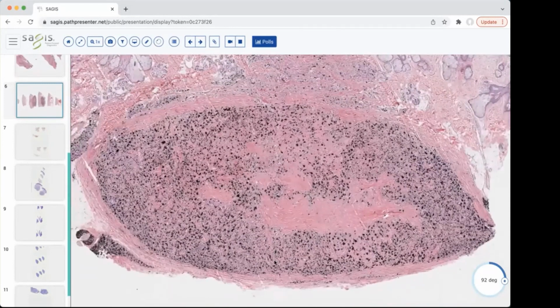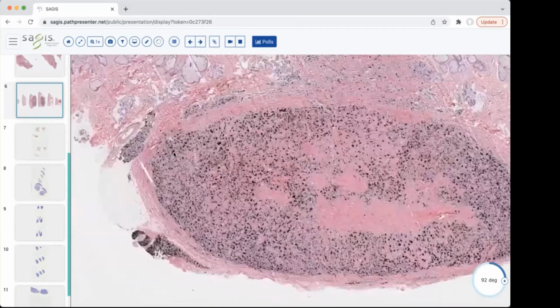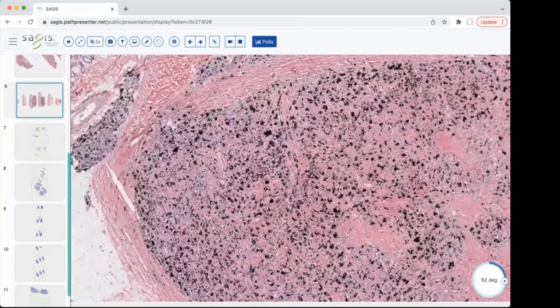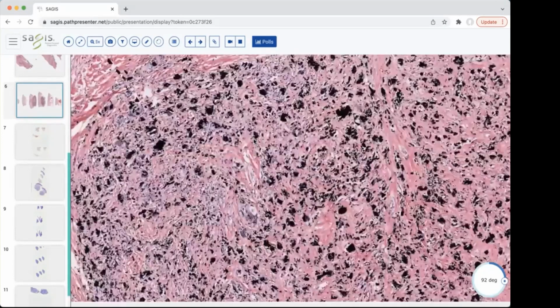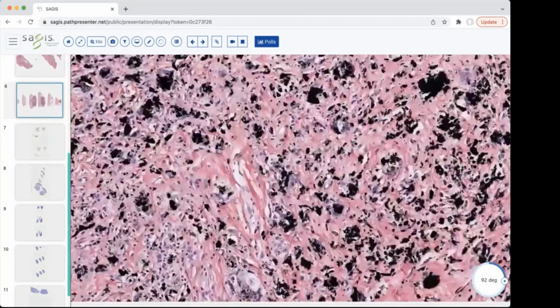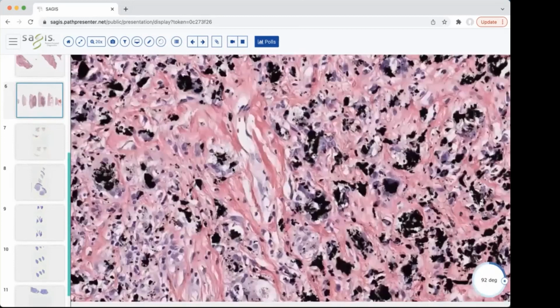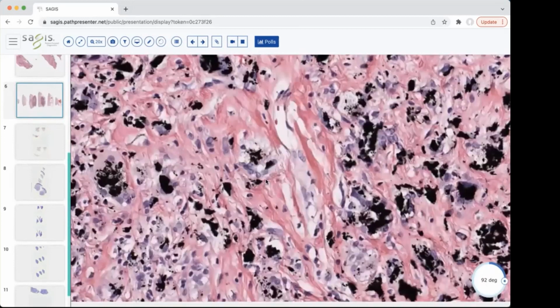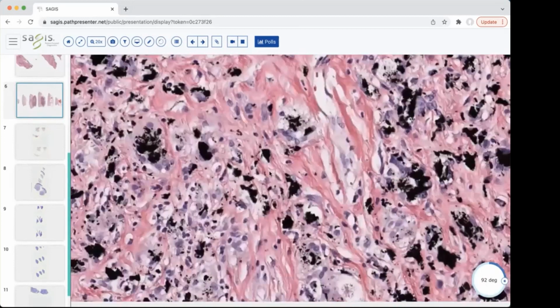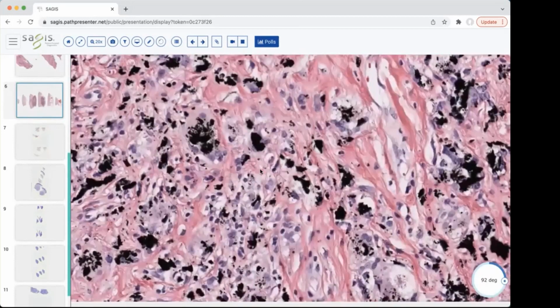But the thing that catches your eye at the low power is this really dark pigment, maybe too dark to be something that's native to the patient. You can see these globules or sometimes little dots of pigment that are contained in some of these cells, some of these multinucleated cells.